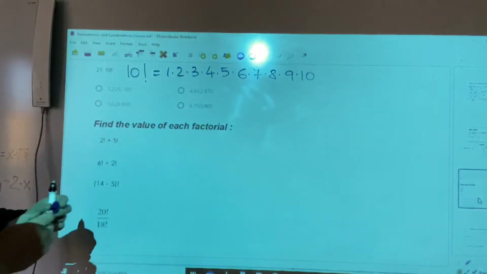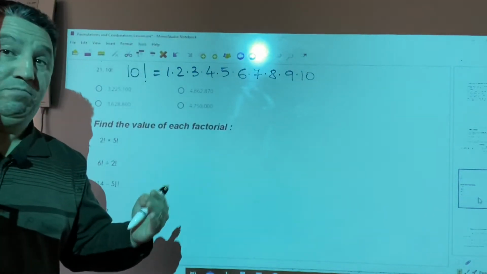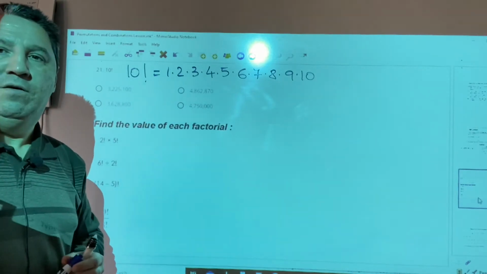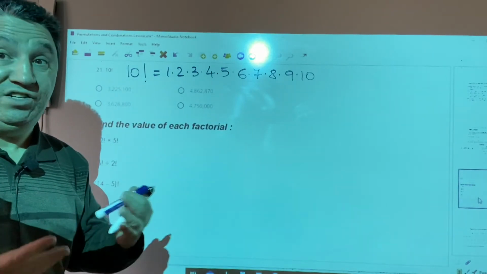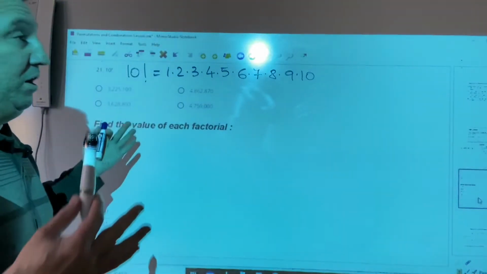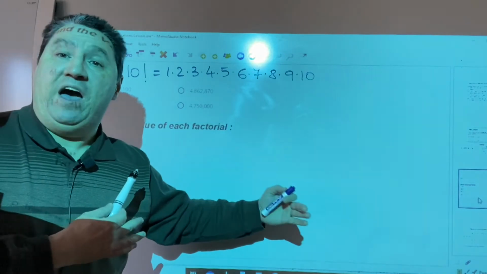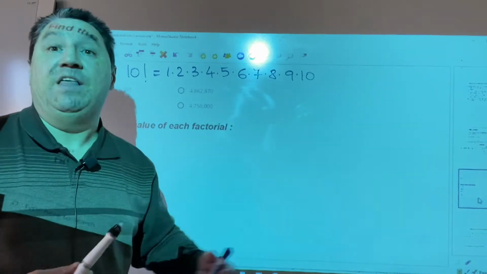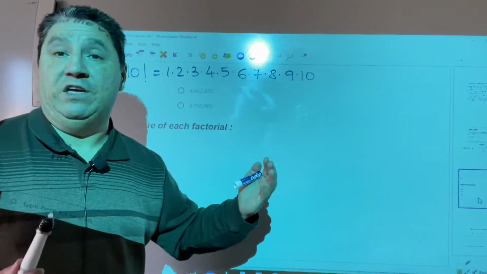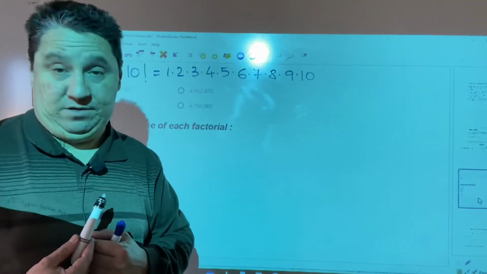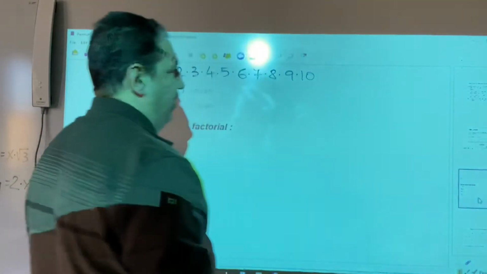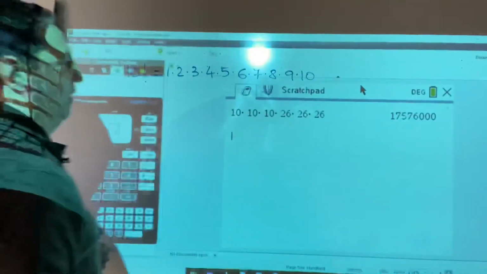As we can see, it is a huge number. Factorials of a number can be very large. But the good news is we have a calculator. The calculator helps us to find the factorial of a number easier, and I'll show you how to find the factorial of a number using the calculator.